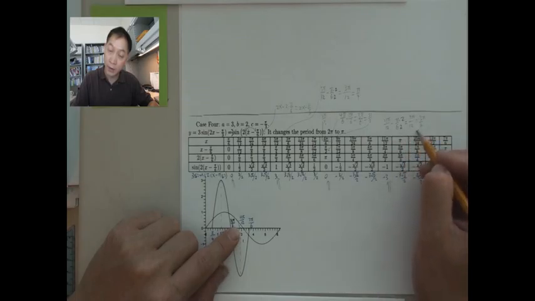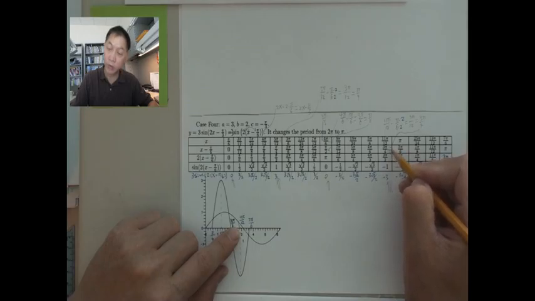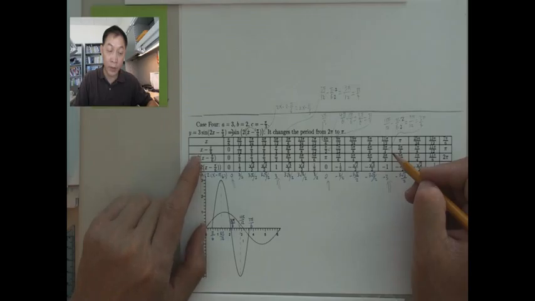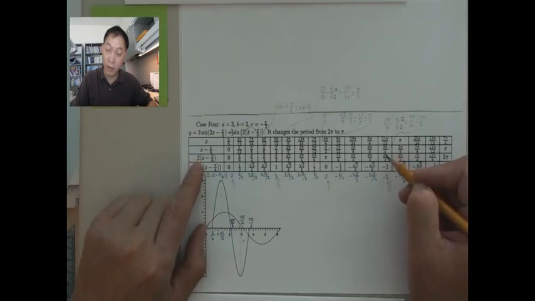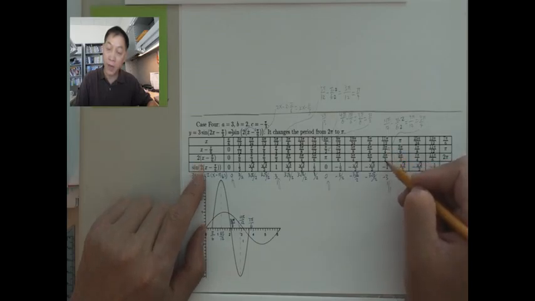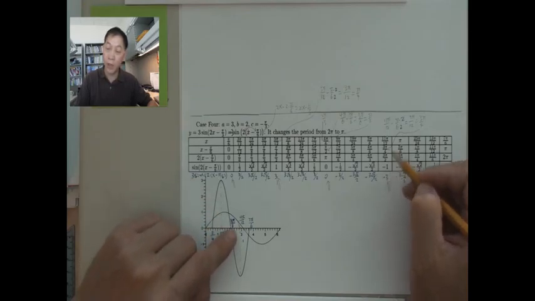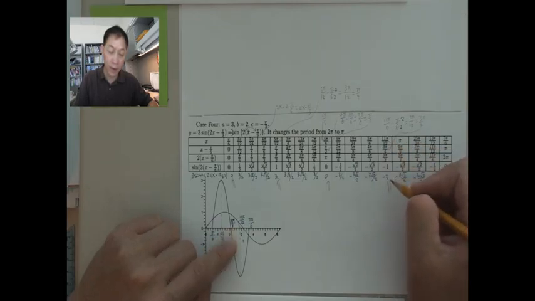So then you get that. 3 pi over 4. Okay? 3 pi over 4 times 2. There is a 2 in front of it. So you have 3 pi over 2. It was 3 pi over 4. Now 3 pi over 2, sine 3 pi over 2 is negative 1. Times 3, you still get negative. Okay? So, x equals 11 pi over 12, y is negative 3.